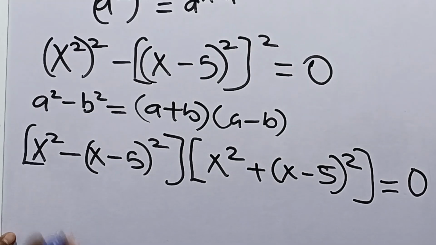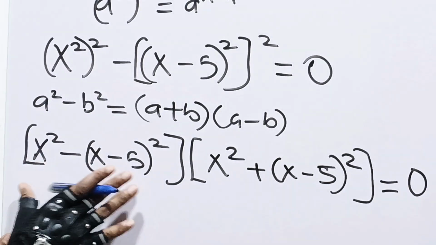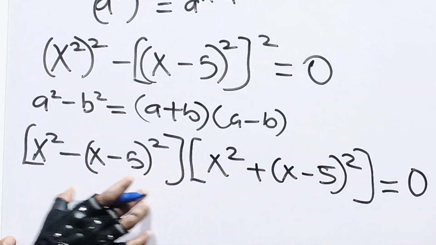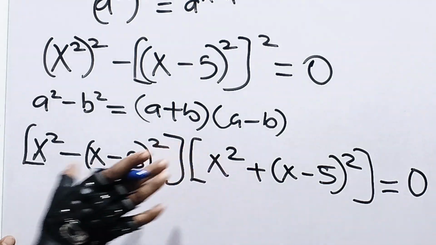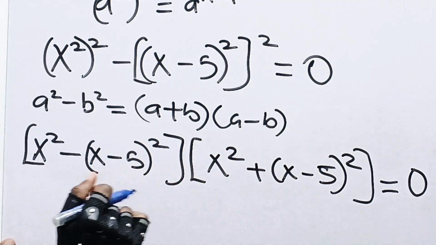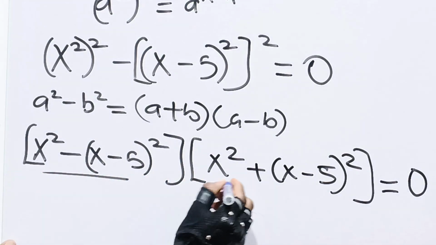At this point, two things are multiplying to give us 0, meaning that this will either be equal to 0 or this is equal to 0.